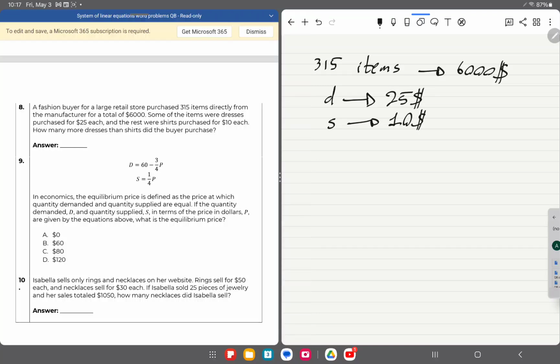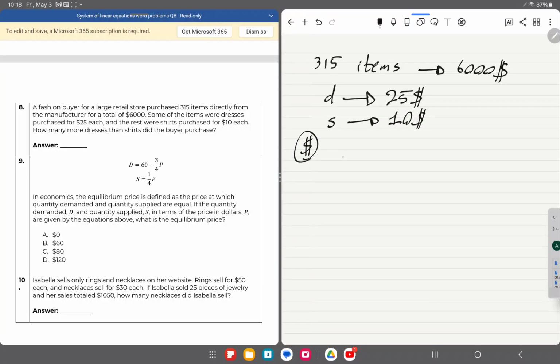How many more dresses than shirts did the buyer purchase? This is really important. So I need to be consistent with the dollars. So $25 for a dress and $10 for a shirt.